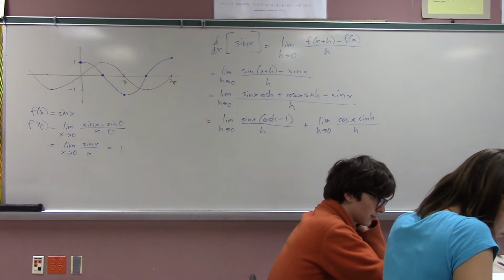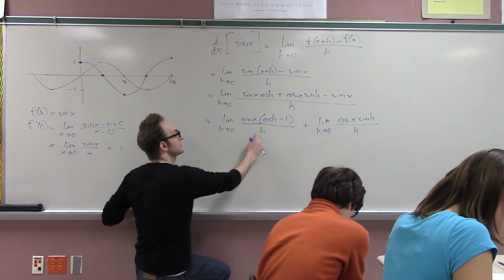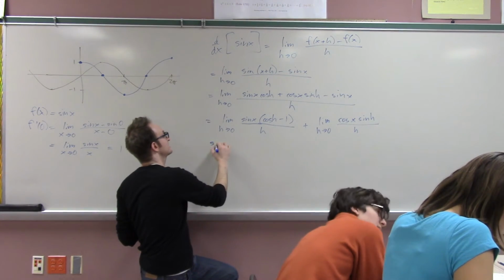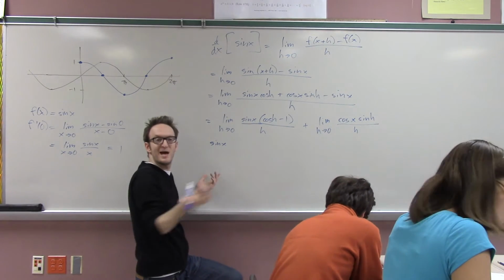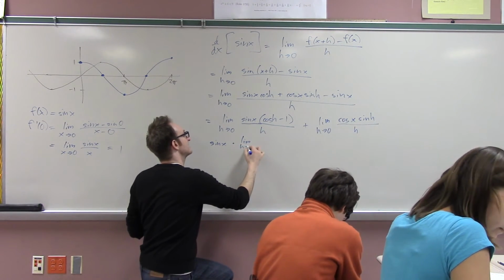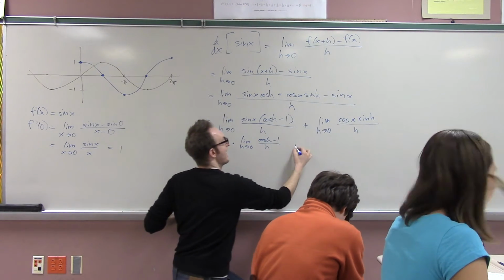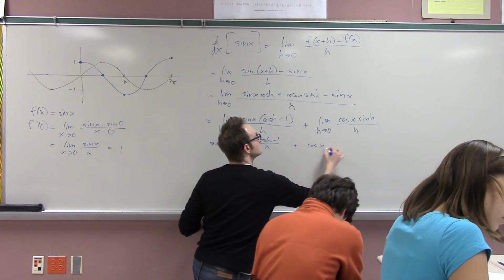All right, last step. This limit is in h's, so I can just take out the sine because that has nothing to do with h's. So this is sine x times the limit as h goes to 0 of cosine h minus 1 over h. And over here I can just take out the cosine.